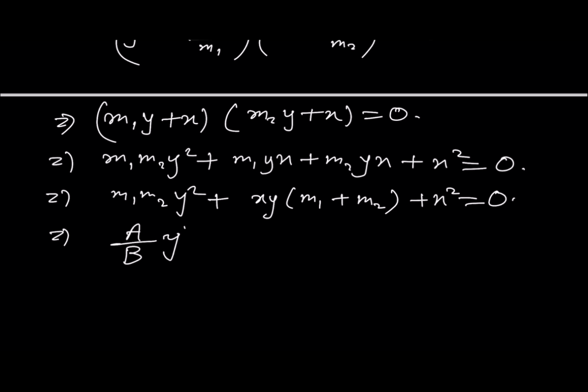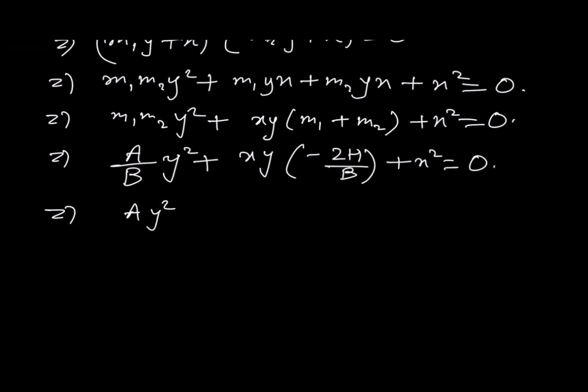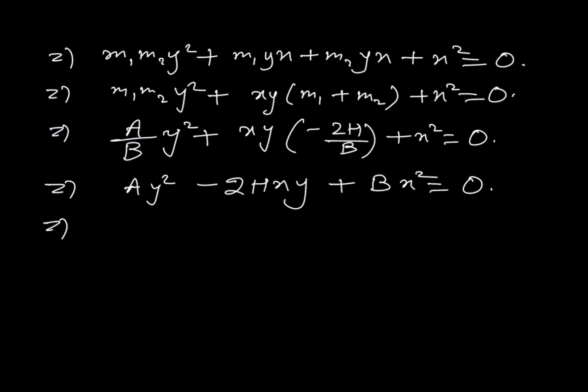So a by b y square minus 2h by b xy plus x square is equal to 0, or a y square minus 2hxy plus b x square is equal to 0.